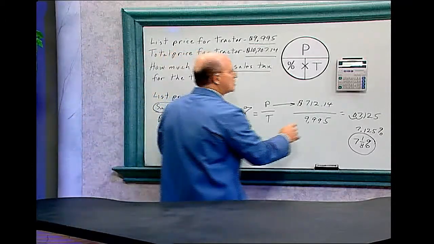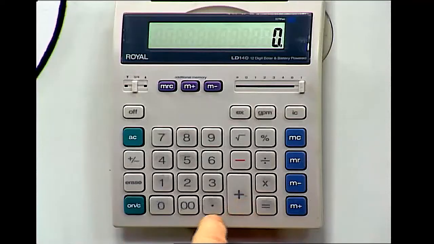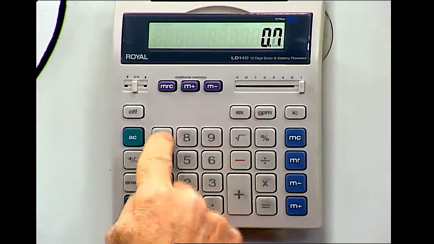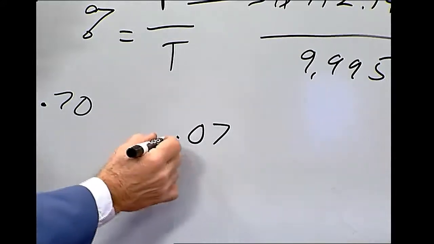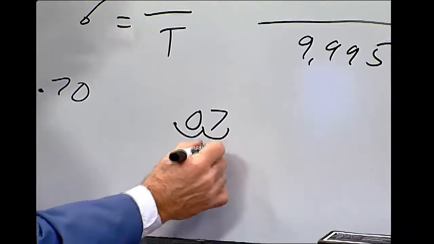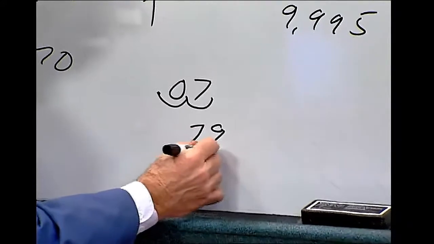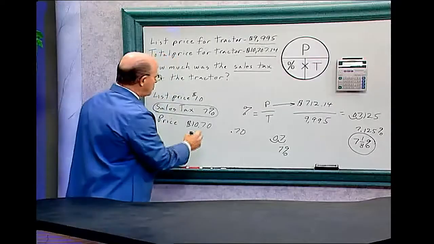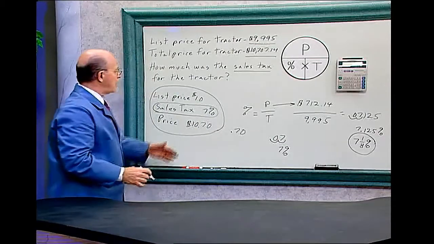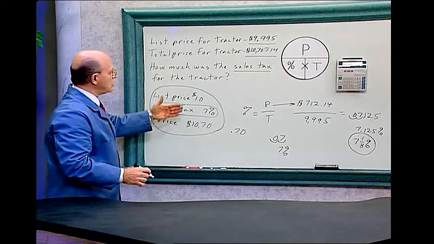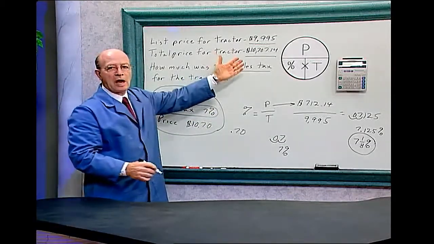All we have to do then is clear the calculator, 0.7 divided by the $10, and that will equal 0.07. And then to get the percentage, all we do is move 2 places, and then we get 7%. And so you make yourself a simple problem, and by knowing how to do this here, you're able to solve these complicated problems.